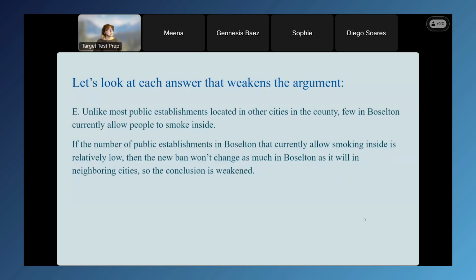E, unlike most public establishments located in other cities in the county, few in Bozelton currently allow people to smoke inside. This one has the same issue as well. If the places already have this rule, like this is a law that they're putting in, a countywide ban.